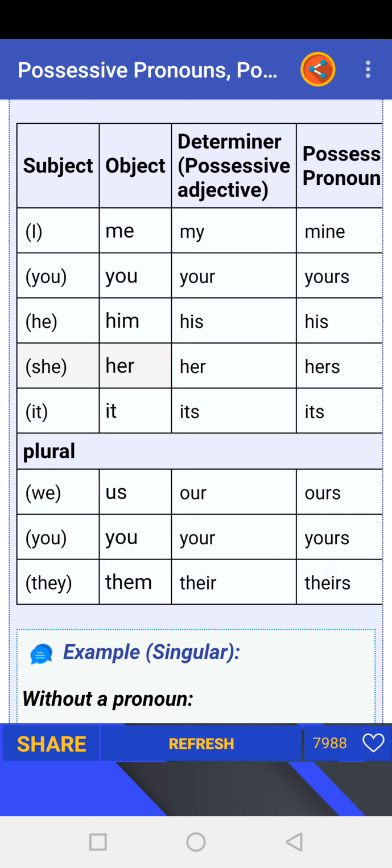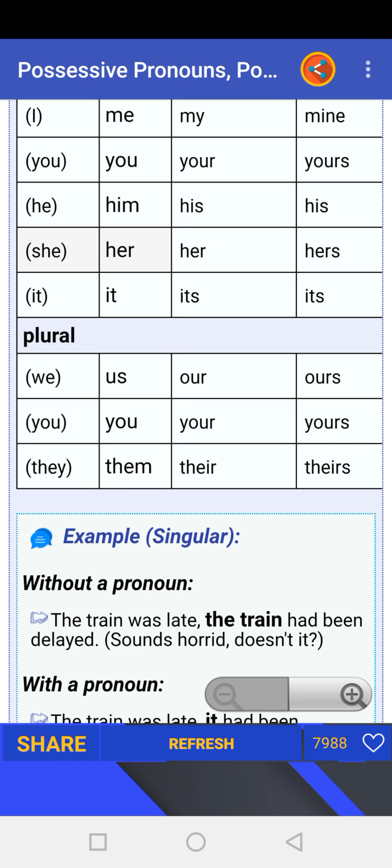But these determiners should be studied at the same level as pronouns because their uses resemble the uses of the pronouns. So let's read determiners. The determiners are my, your, his, her, its, and for the plural form, our, your, their.